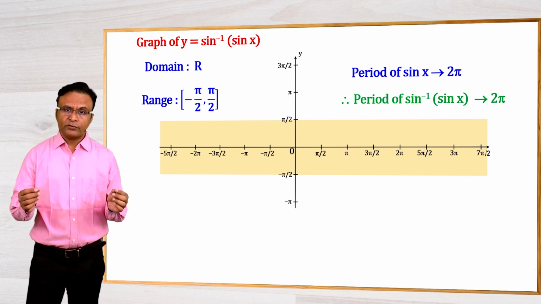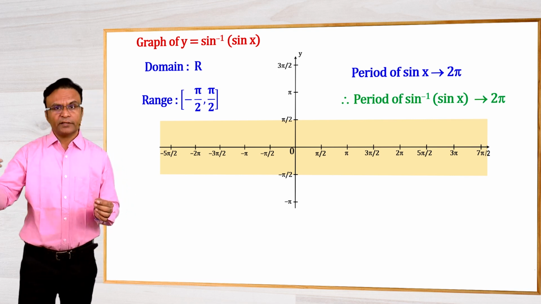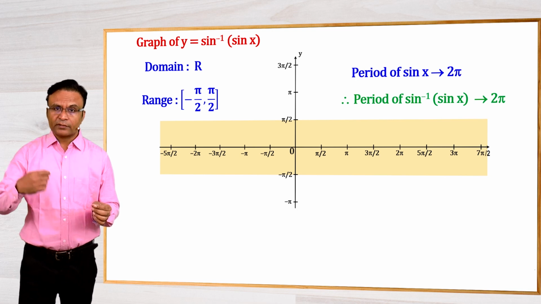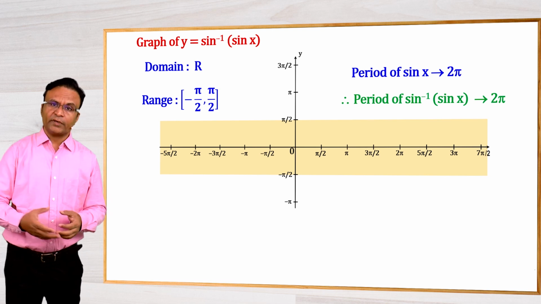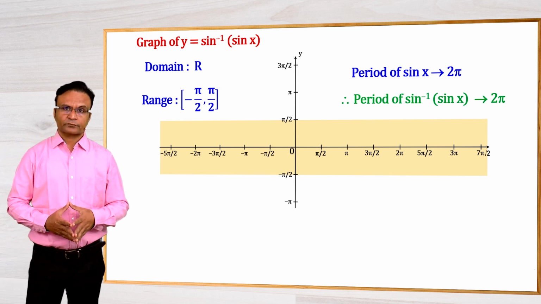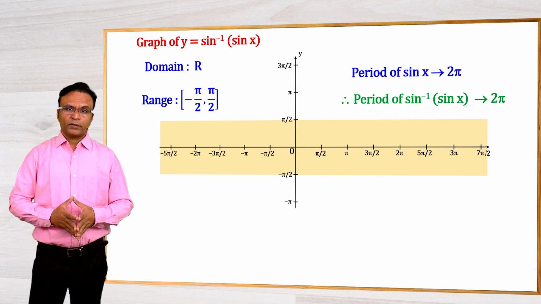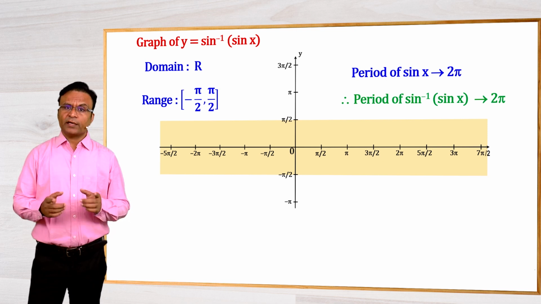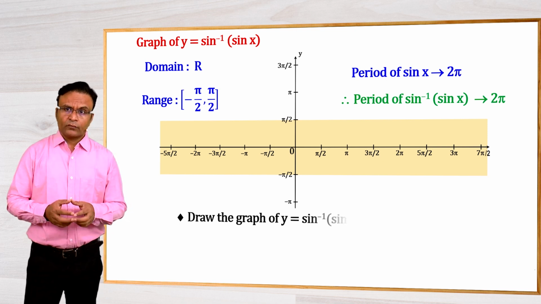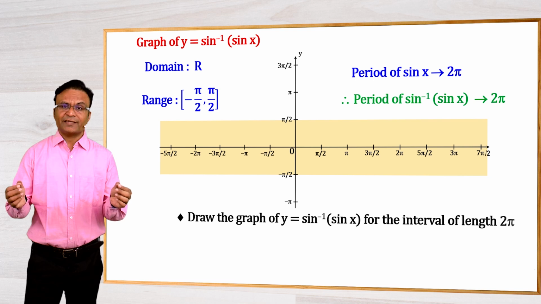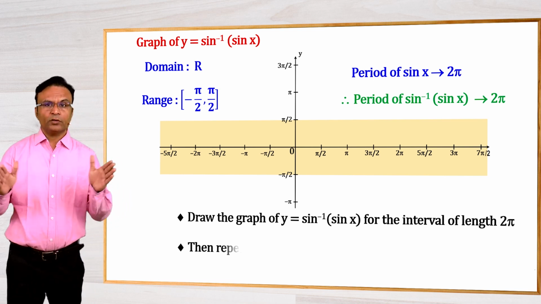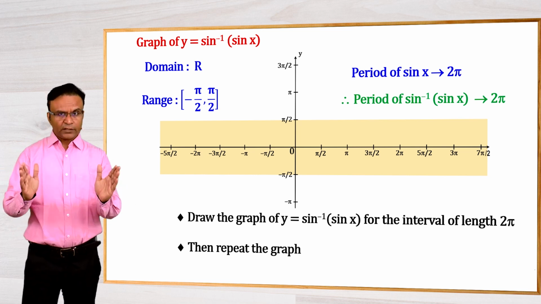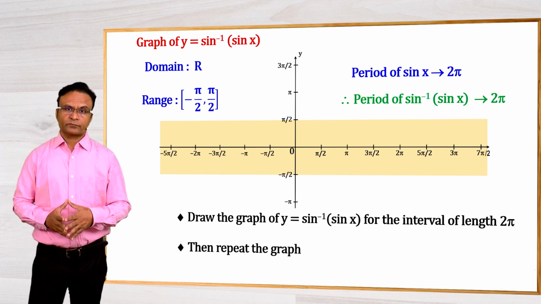Sin inverse की वैल्यूज हर 2 pi इंटरवल के बाद रिपीट करती हैं. इसका मतलब ये हुआ कि इस फंक्शन का वैल्यू भी हर 2 pi इंटरवल के बाद रिपीट होंगी. That means we will draw the graph of this function for the interval which has length 2 pi, and then we will repeat the graph on both sides of that part of the graph.